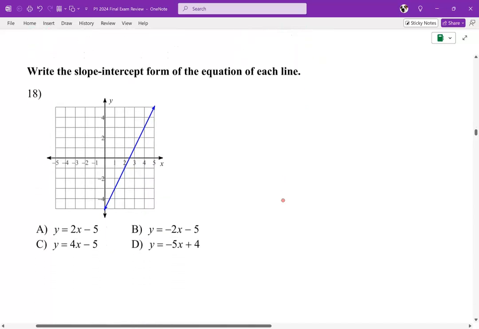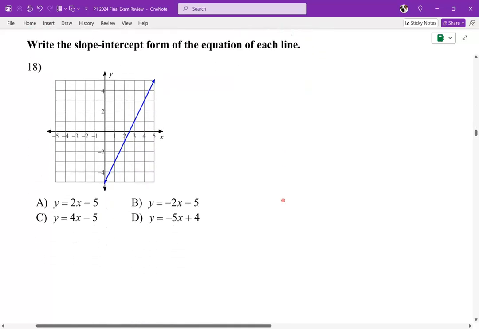18, write the slope-intercept form of the equation of each line. So now I've got to figure out the actual equation of the line. When you have to do that, you still need y equals mx plus b, but I've got to figure out what the slope is and what the y-intercept is. Now the y-intercept is pretty easy. Look at the graph and where it touches the y-axis.